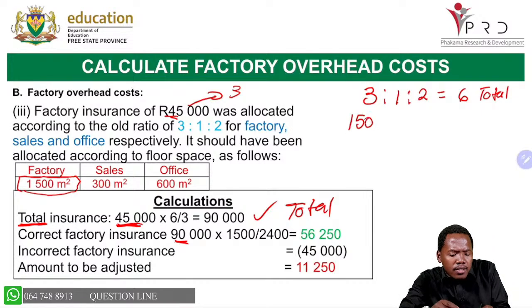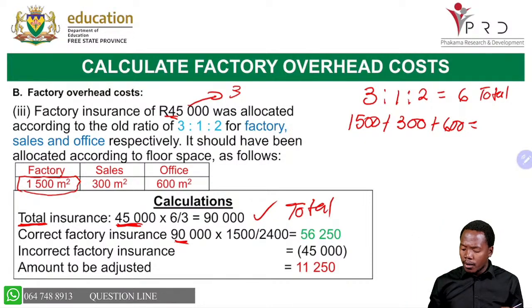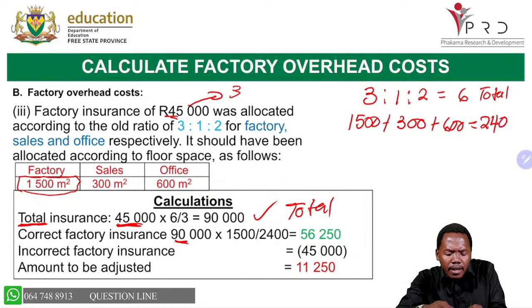We said 1,500 square meters plus 300 square meters plus 600 square meters, just like we did on the old ratio. So when we say 1,500 plus 300 plus 600, we get 2,400.